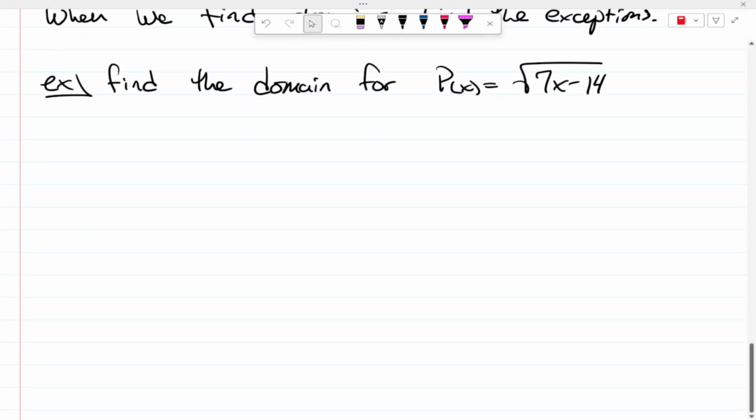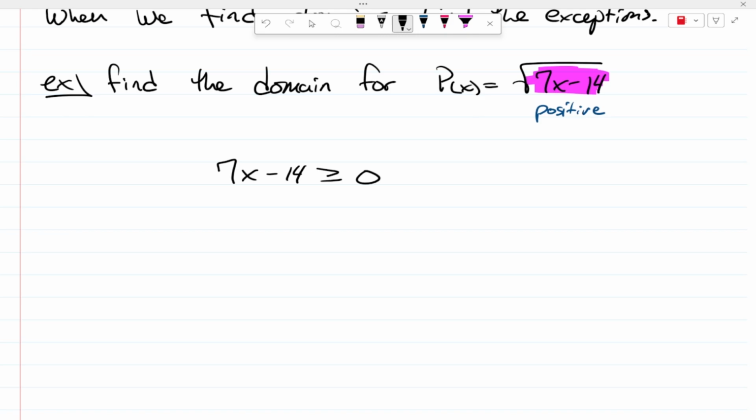So when we look at this problem, we have a square root. We know underneath the radical, the only types of numbers we're allowed to have are positive. So how do we find the exceptions for a square root? You take the radicand, in this case it's 7x minus 14, and you set this greater than or equal to 0, because numbers that are greater than or equal to 0 are considered to be positive.